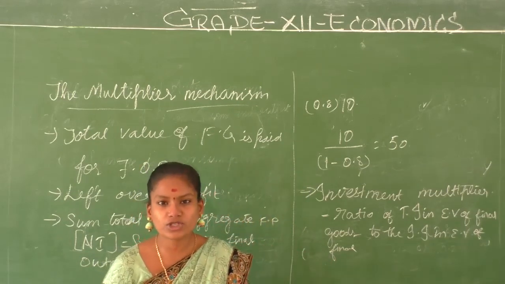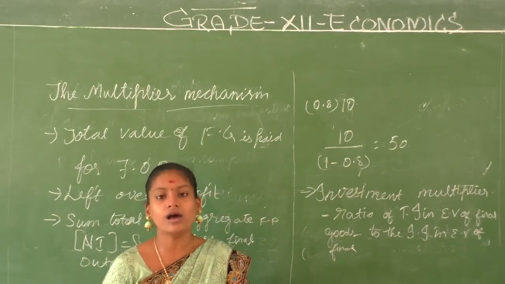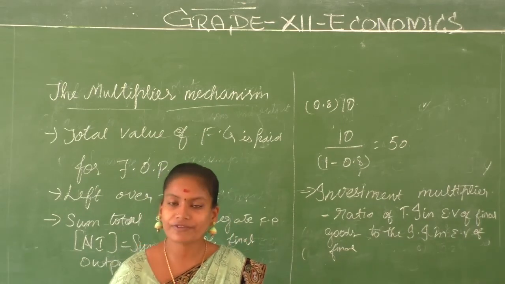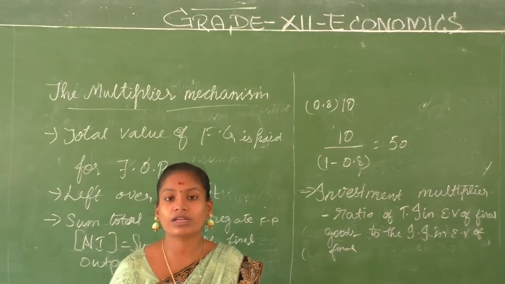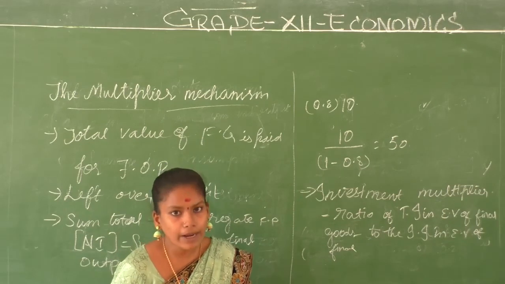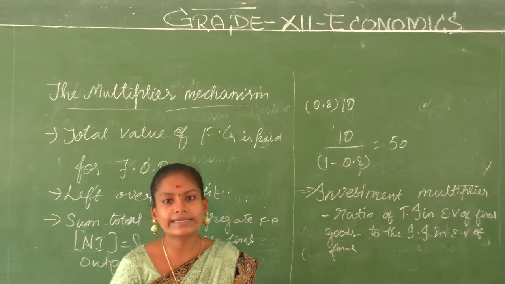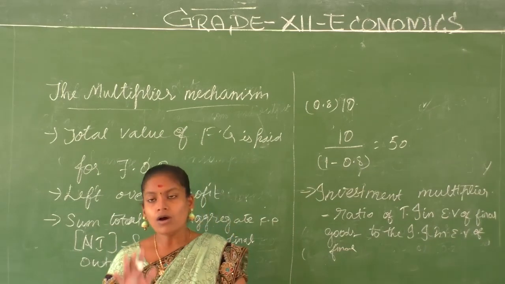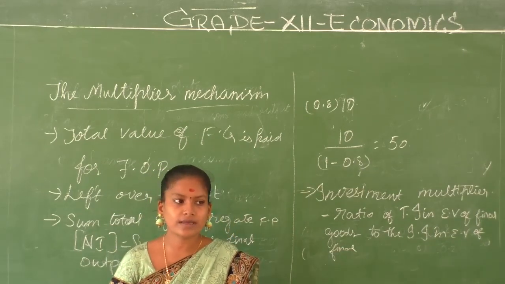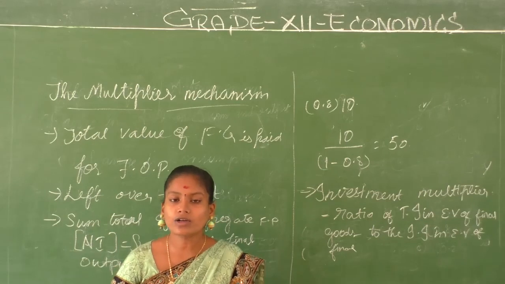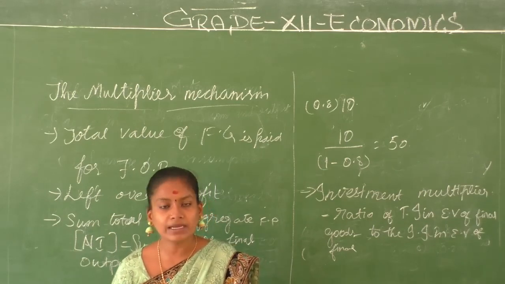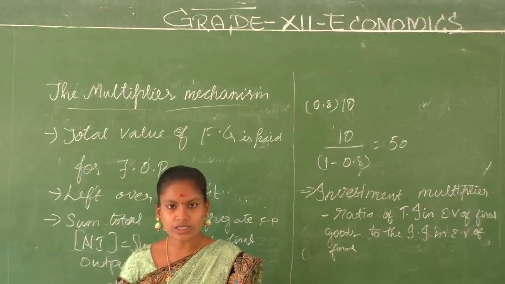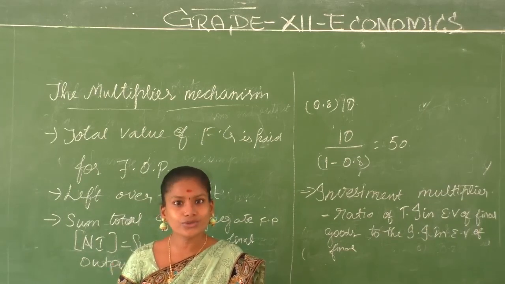How an autonomous change will affect the income and output is what we have discussed so far, and in that we discussed the multiplier mechanism. It is concerned entirely with the investment function, not with the consumption function. Already we have two things in the consumption function, autonomous consumption and induced consumption.